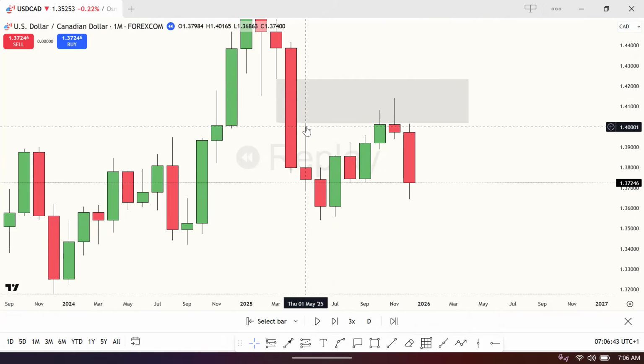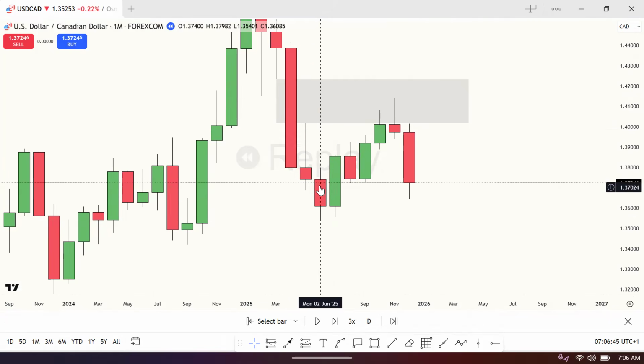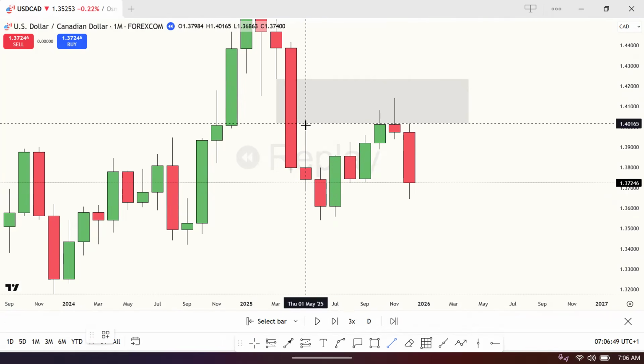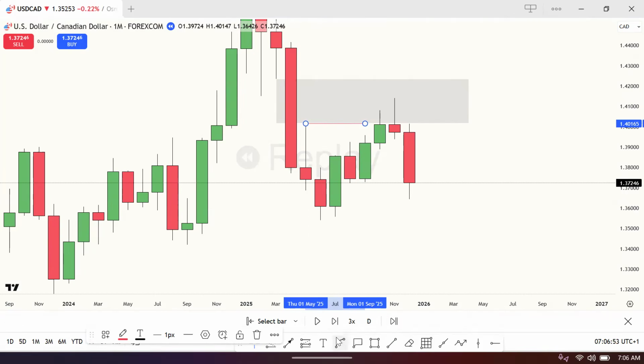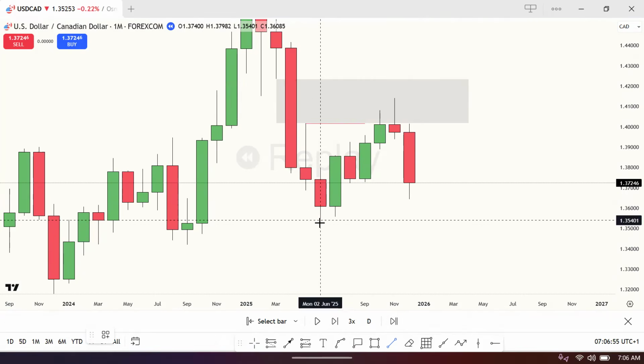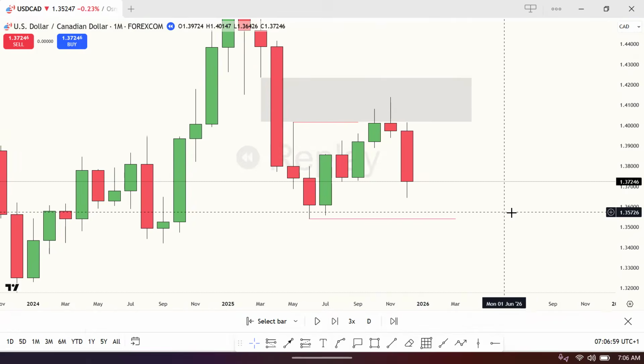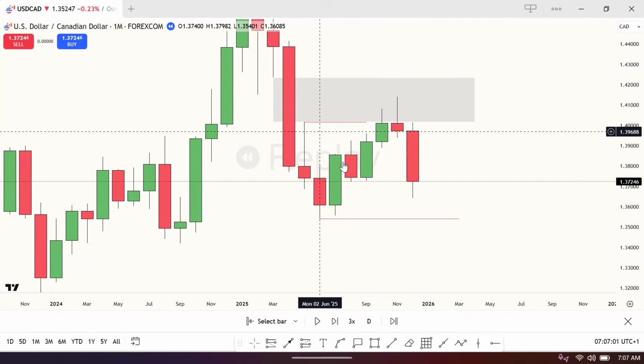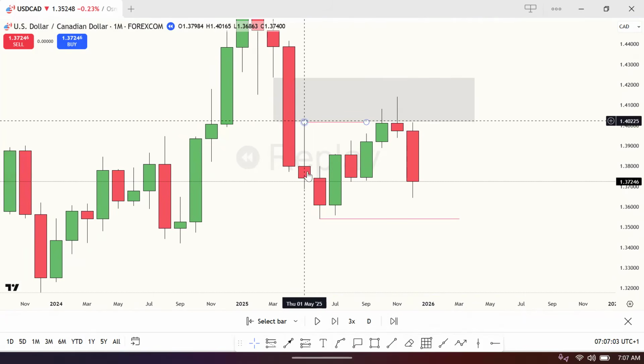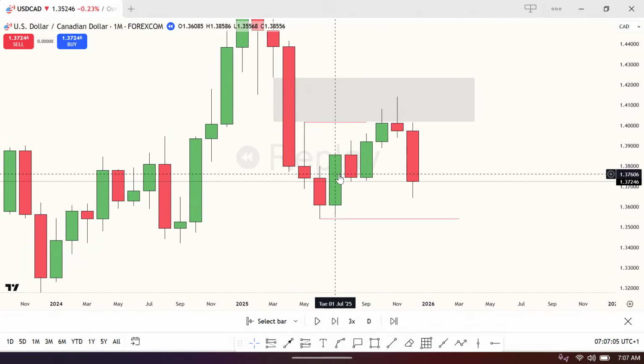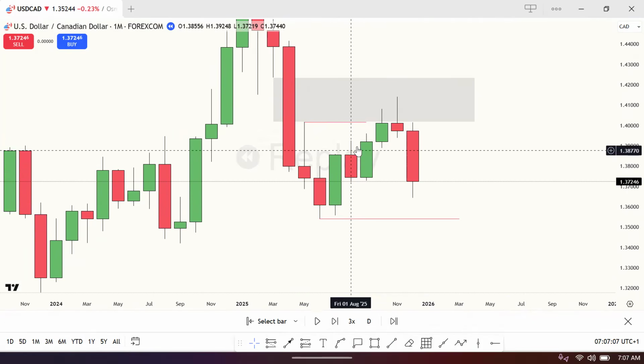We have two candlesticks, 1 and 2. So I'll go ahead to mark the high of that candle and also the low of that candle. Now within this range high and range low, we have 1, 2, 3 candlesticks.